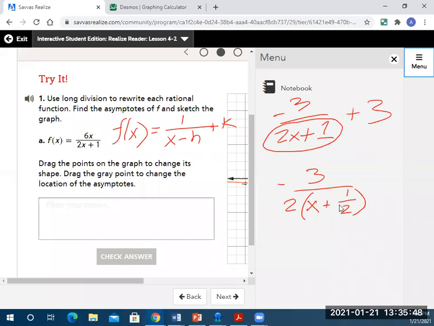So our translation is actually moving to the left by half a unit, not by 1 unit. Does everyone understand that? Okay, good. I just want to make sure because my last class was very confused on that. But you have to make x be by itself, right? In order for you to get the true transformation. And then plus 3.